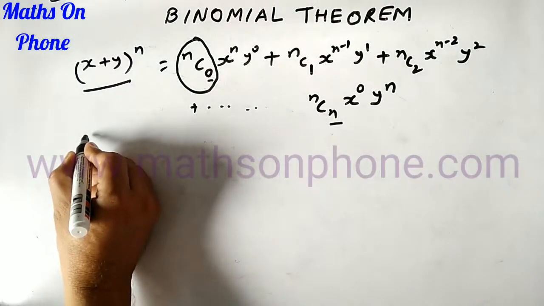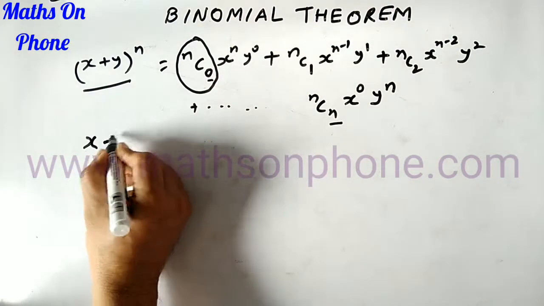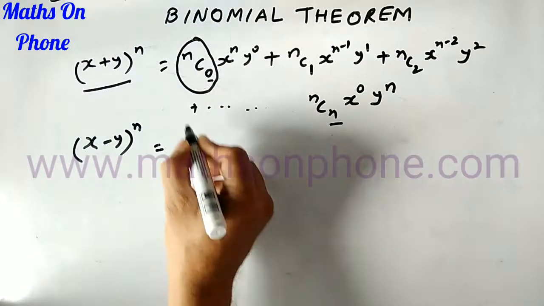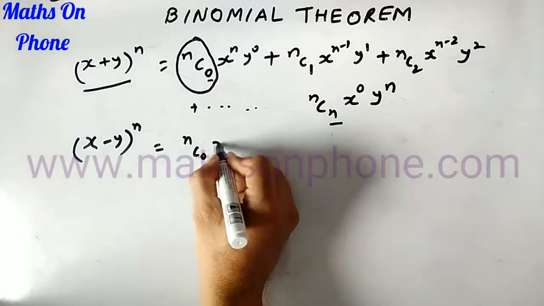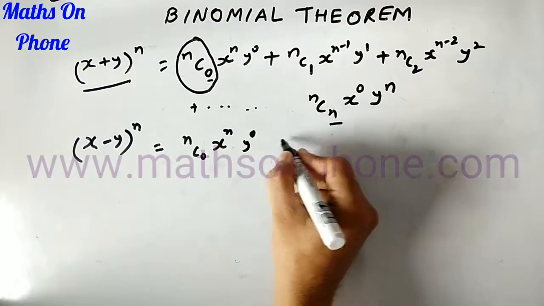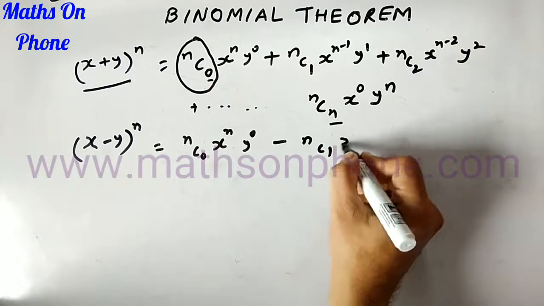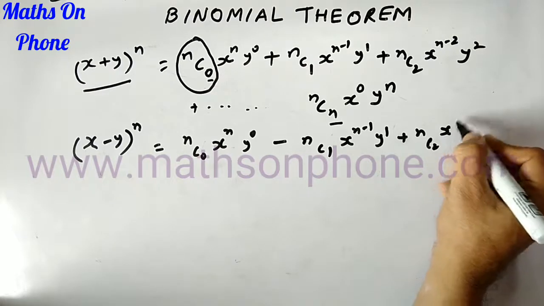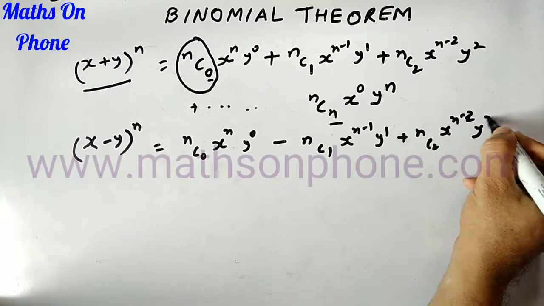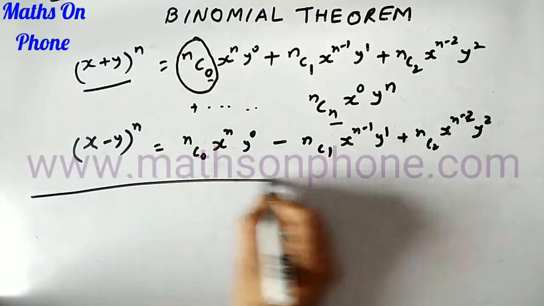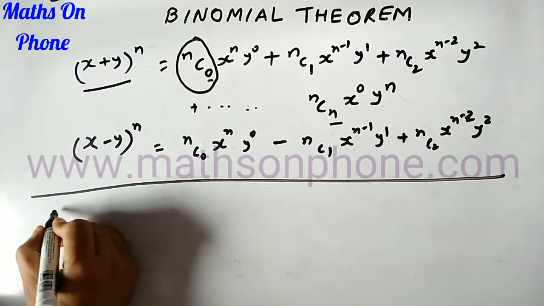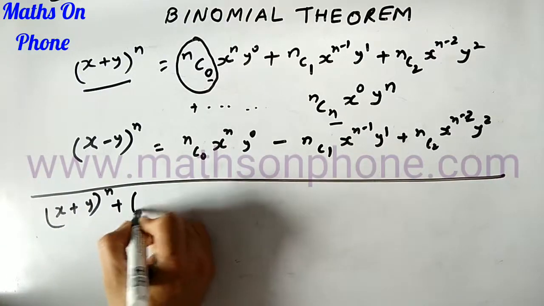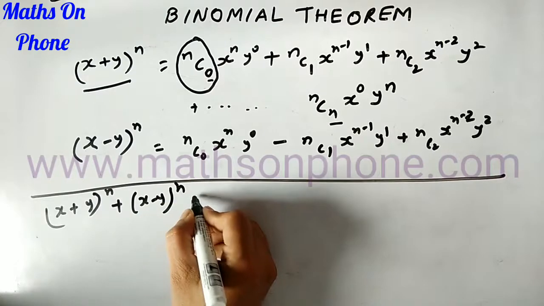One important result I am doing here, we know (x + y)^n and (x - y)^n will be, you follow the pattern, nC0 x^n y^0 minus nC1 x^(n-1) y^1 plus nC2 x^(n-2) y^2, like that. If we just add them, that means (x + y)^n plus (x - y)^n, what you will be left with?